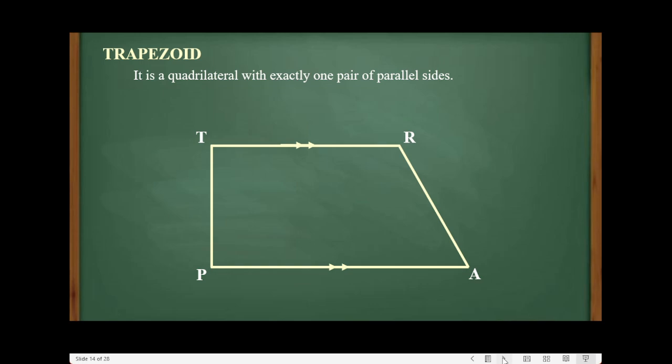It is an obvious trapezoid simply because I just put arrowhead markings on these two opposite sides, indicating that these two sides are parallel to one another. So again, this quadrilateral is named quadrilateral TRAP, and this is a trapezoid.